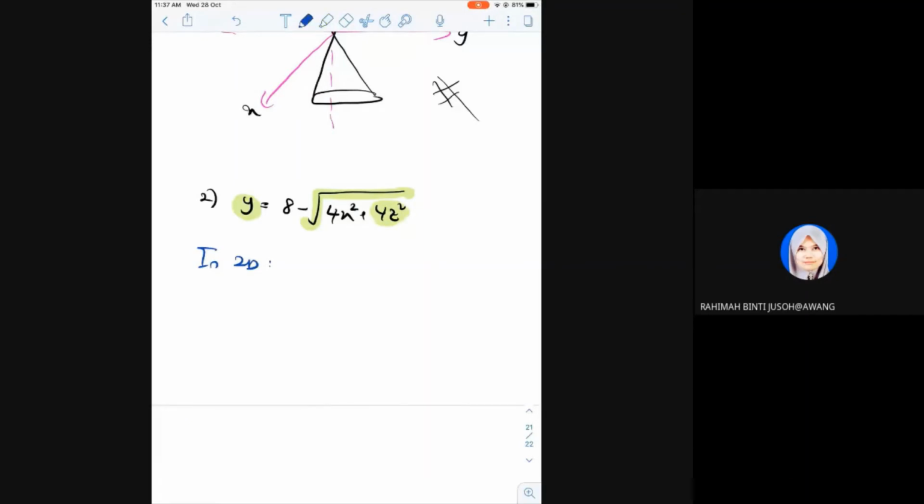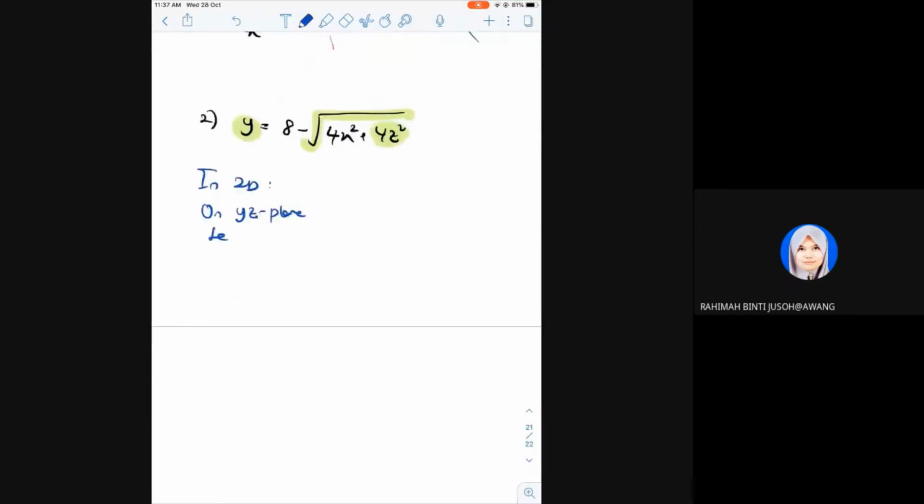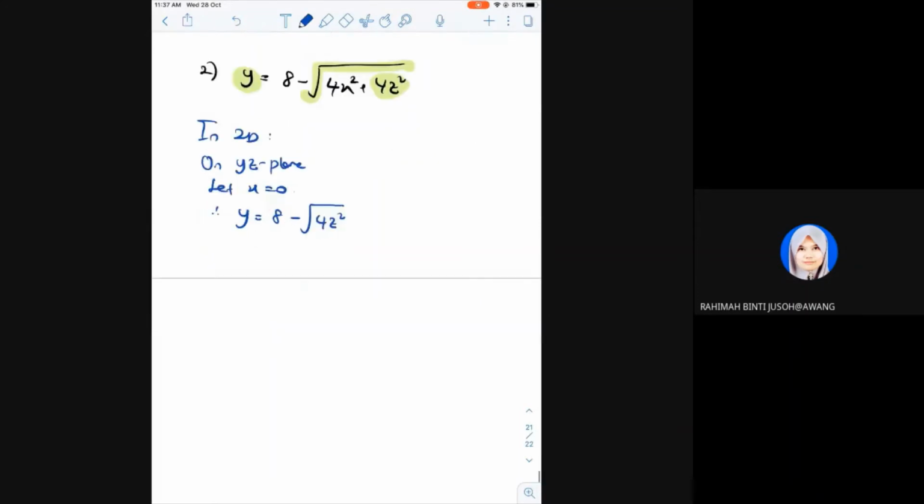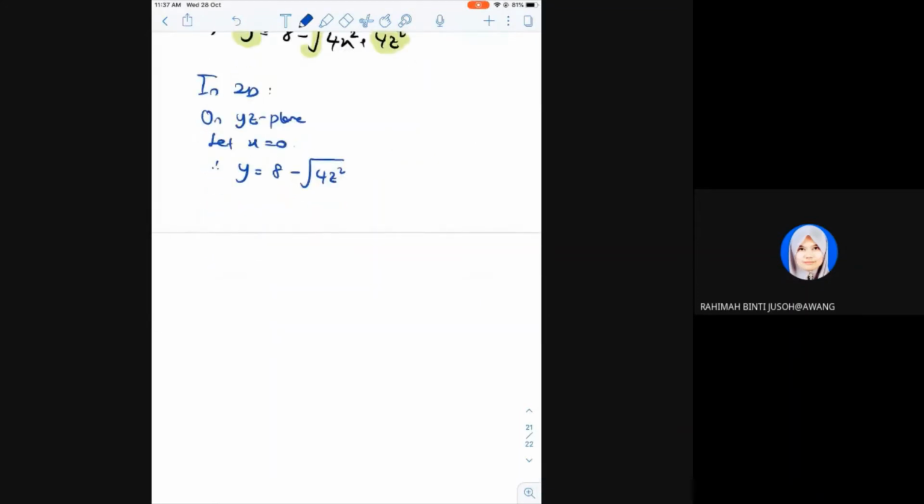So, on YZ plane, kita let x equals to 0. So equation kita akan jadi y equals to 8 minus 4z squared. Okay guys, so now equation ni akan jadi punca kuasa, y equals to 8 plus minus 2z, isn't it?